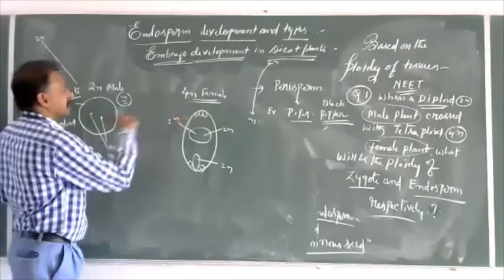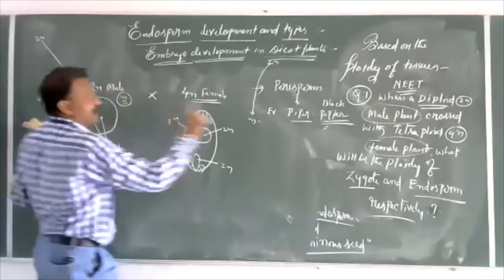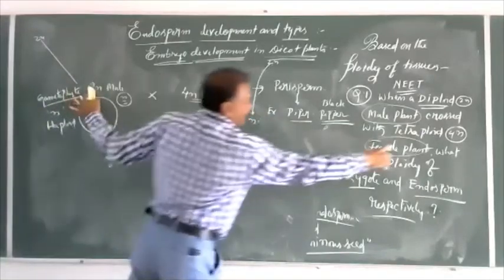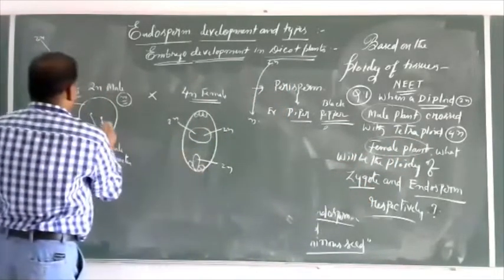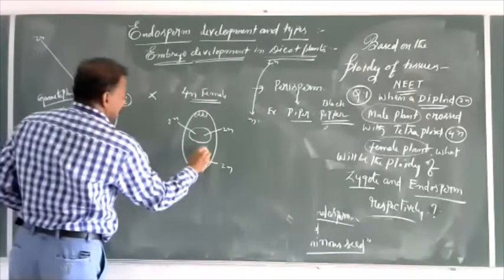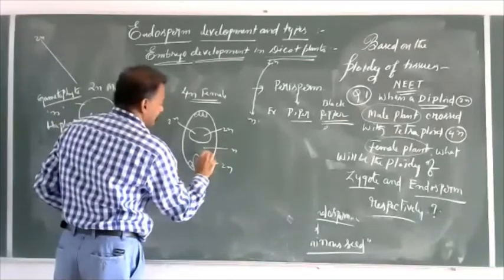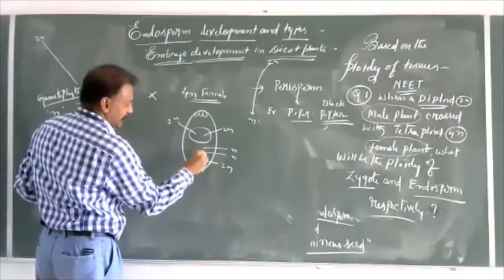Here, whenever a cross is made between a diploid male with a tetraploid female, what will be the ploidy of the zygote? Now, when these two enter, the male gamete has n, and n mixes with the egg.